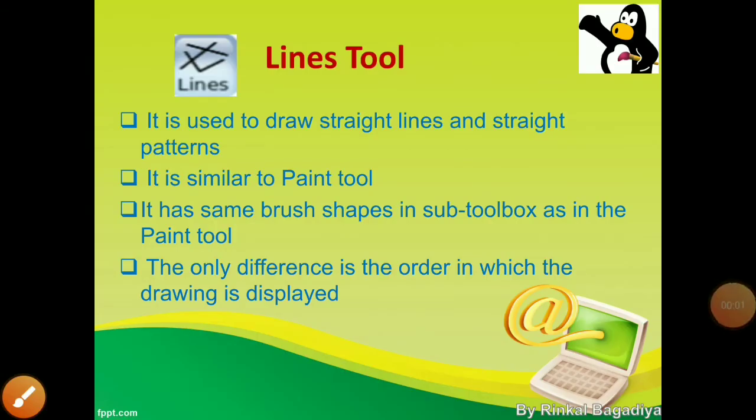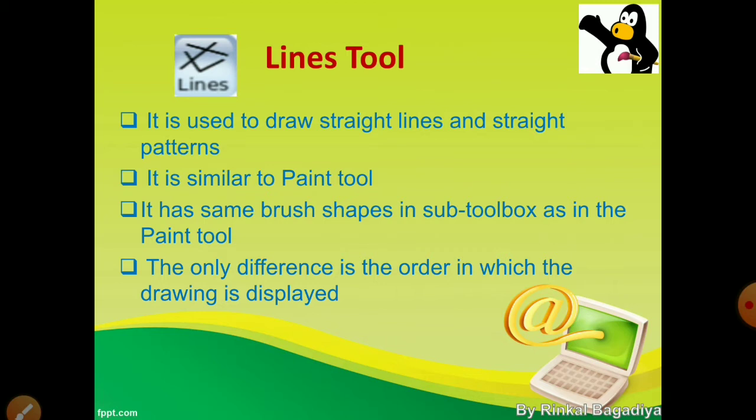Our next tool is the lines tool. You can see the icon of the lines tool on the screen. It is found in the toolbox of Tux Paint. We can draw perfectly straight lines with the help of the lines tool. Using the lines tool, we can select any brush shape from its subtools and draw the shape in a straight line, like a photo frame.